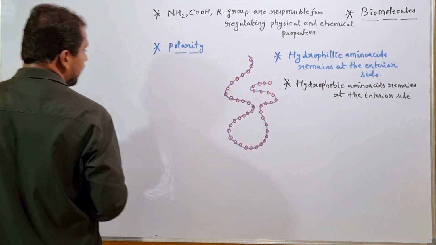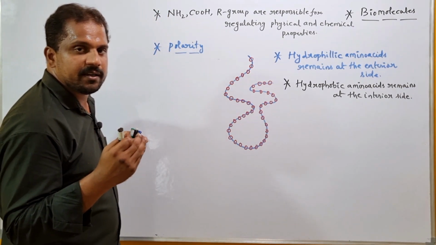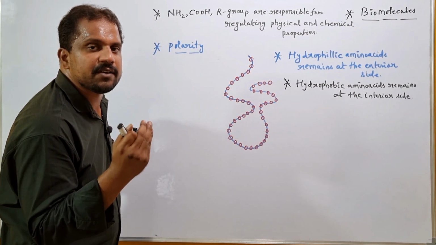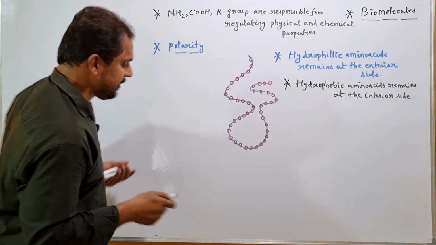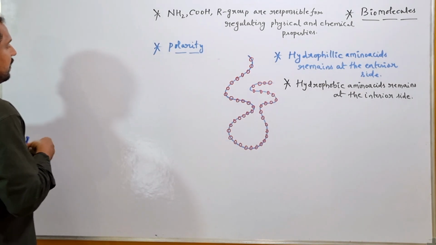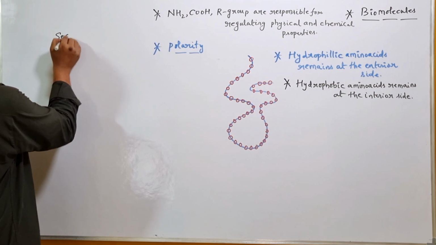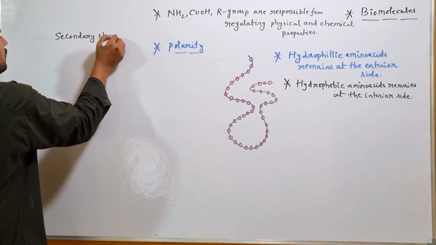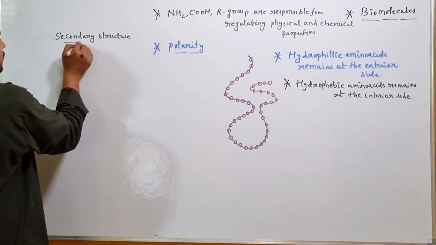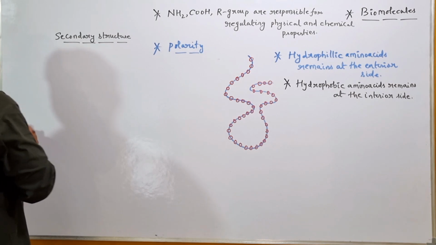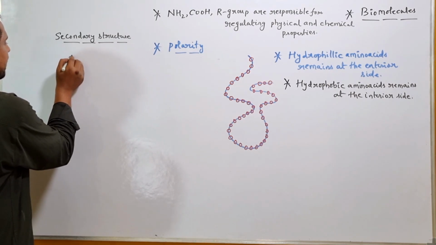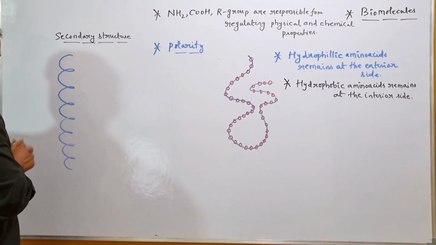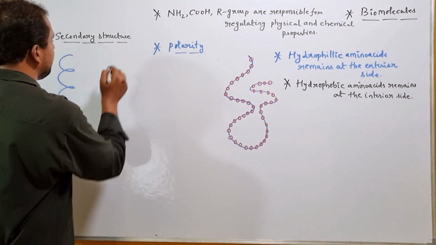So here, as we all know, the secondary structures of protein are of two different types, and these include the right-handed alpha helix and the other one, the beta pleated sheet.